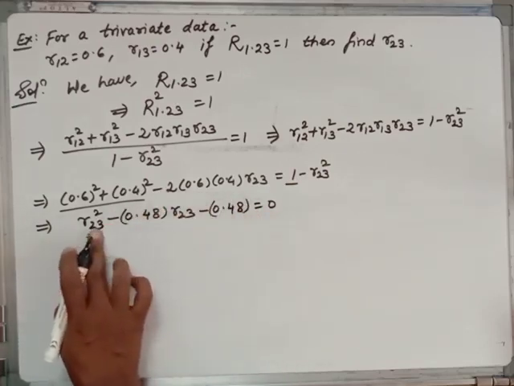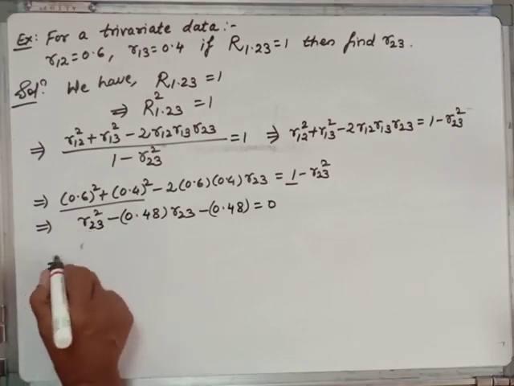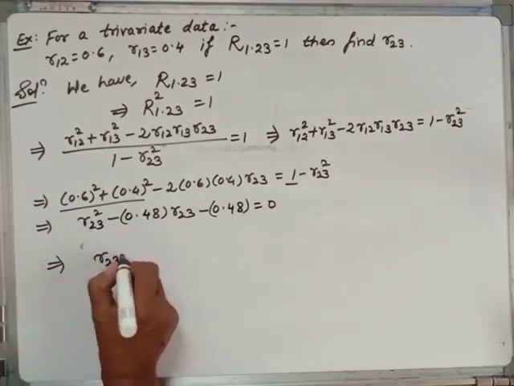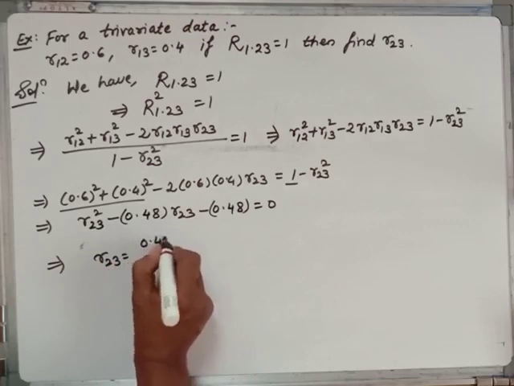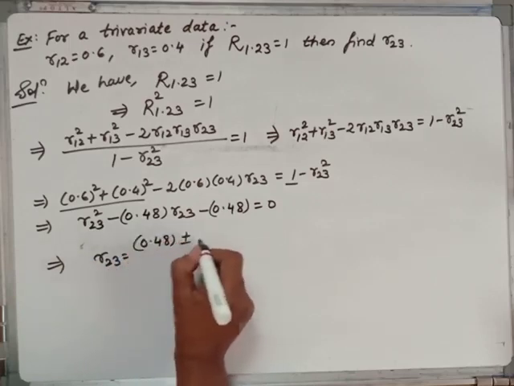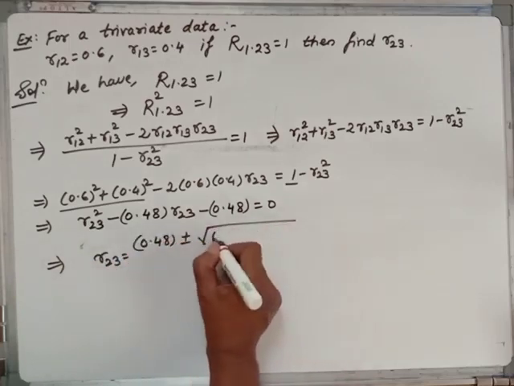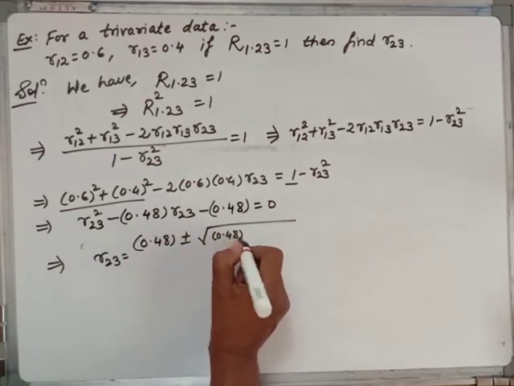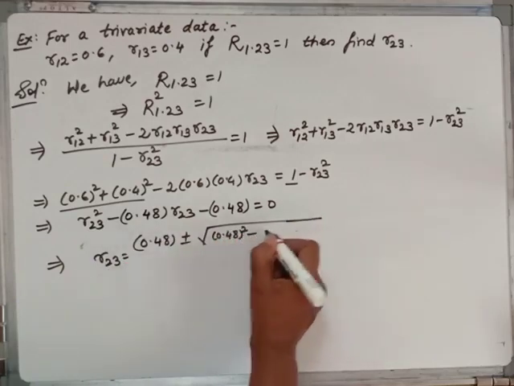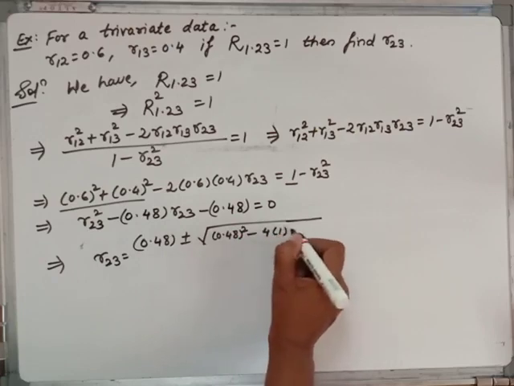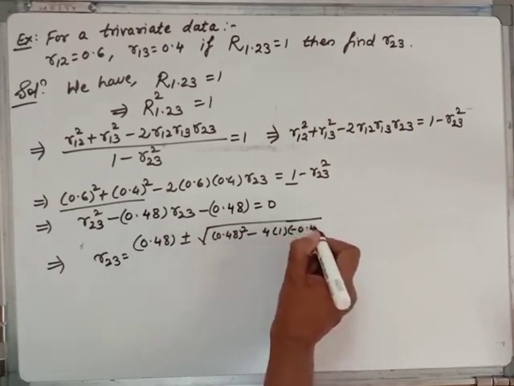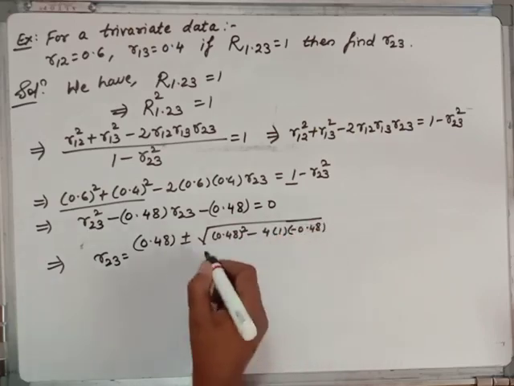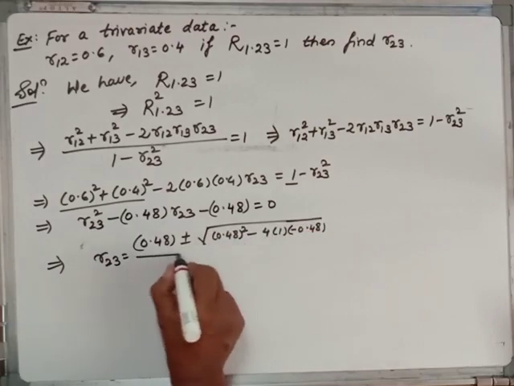So solve for R23. That gives R23 is equal to 0.48 plus minus root 0.48 square minus 4 into 1 into minus 0.48, upon 2.